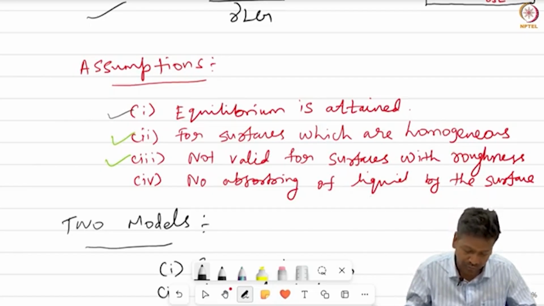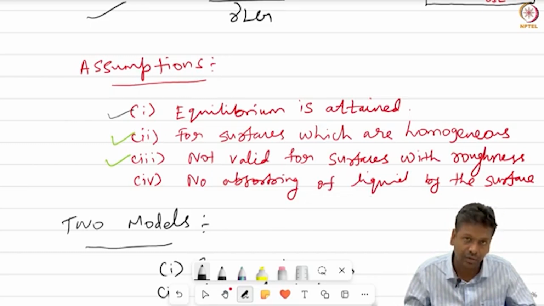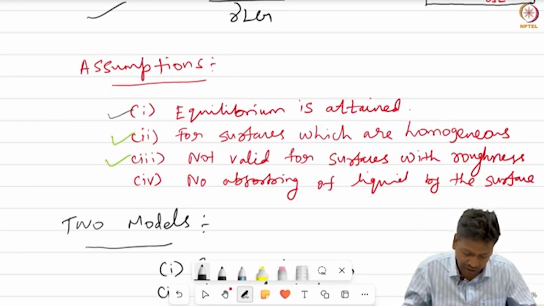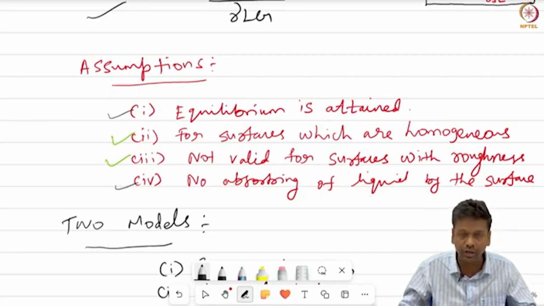So how do we handle these two situations when we face them? How can we revisit the equation? That is exactly what we are going to look at. The last assumption is that there is no absorbing of liquid by the surface.